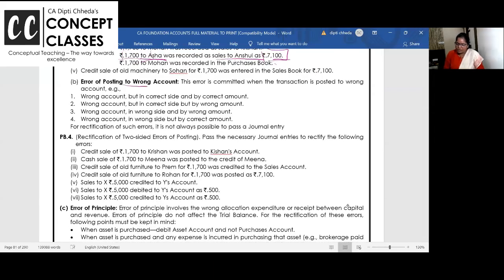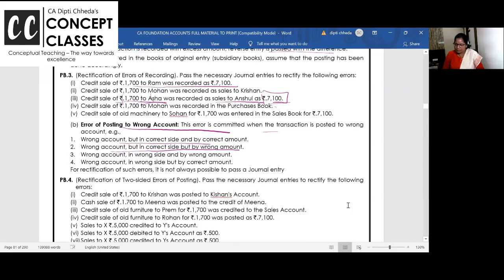Error of posting to the wrong account. Wrong account but correct side, wrong account but correct side but wrong amount and so on. So this could also be a problem.